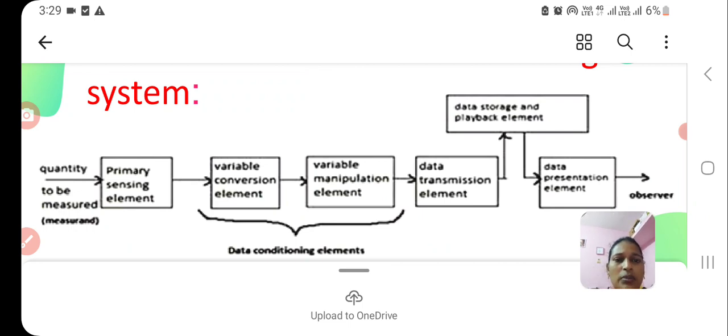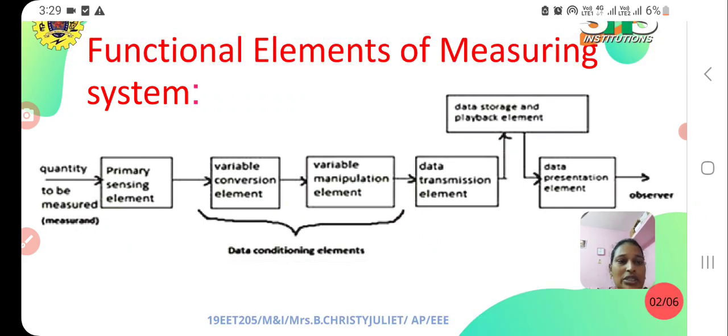The variable conversion element together with the variable manipulation element are called data conditioning elements, and this manipulated data will be given to the data transmission element. This will give the output to the data presentation element.